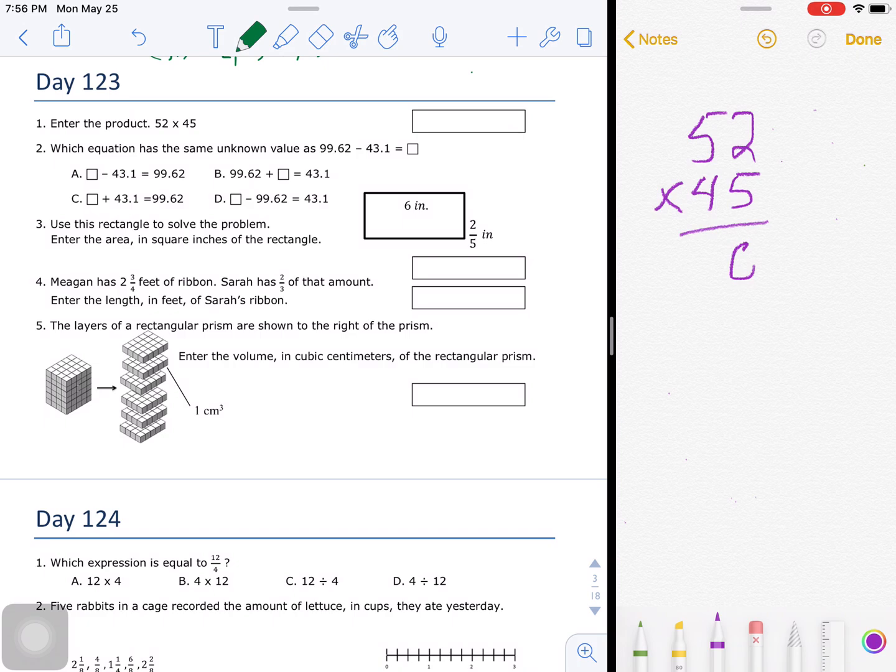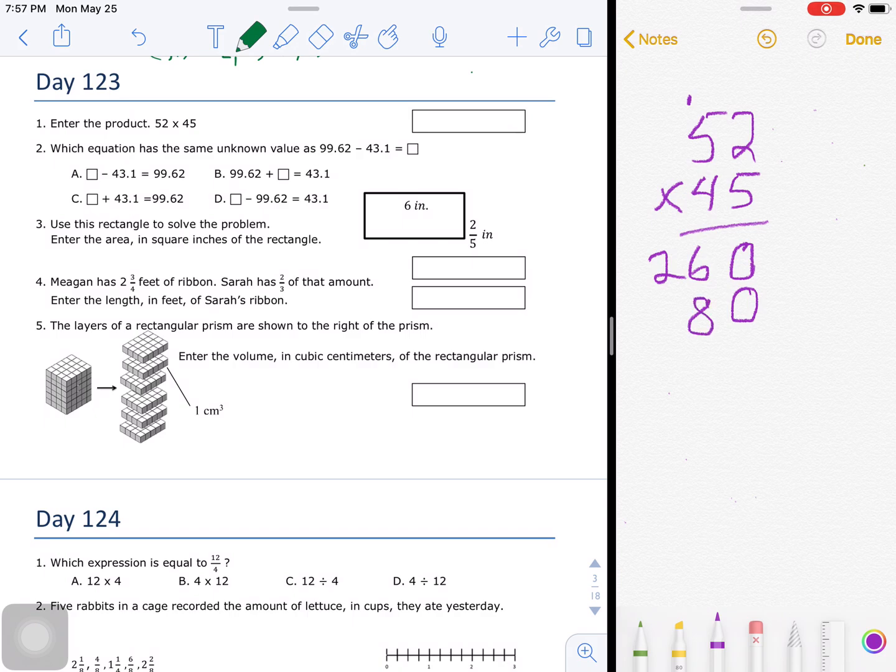Okay, there we go. So again, I know that my product is going to be approximately 2,500 because we would round 52 to 50 and 45 to 50. So our first partial product is 260.